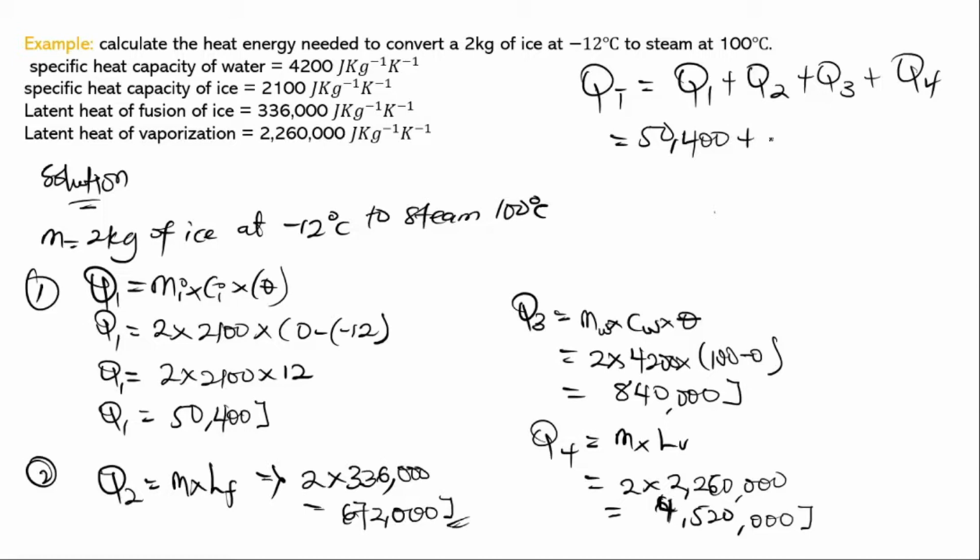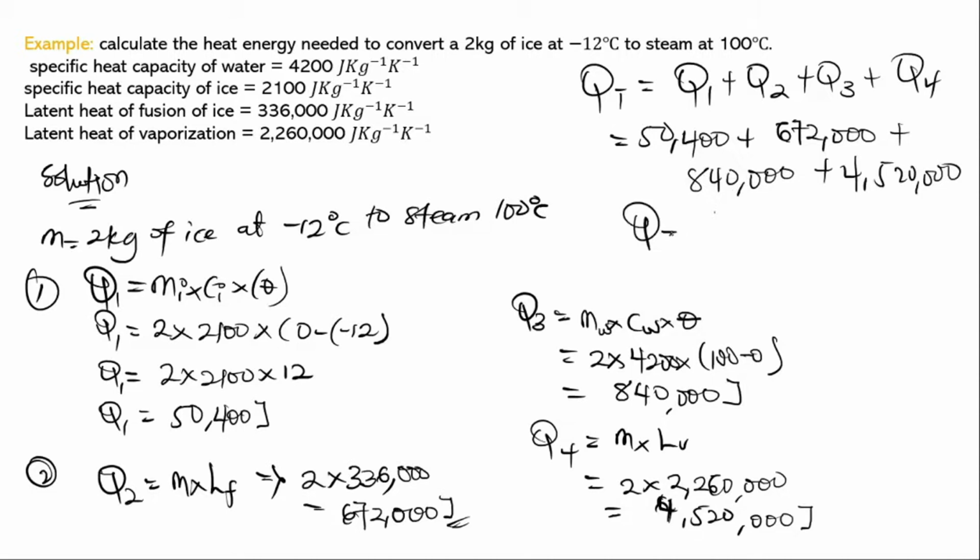So we have the sum of 50,400 plus 672,000 plus 840,000 plus 4,520,000.